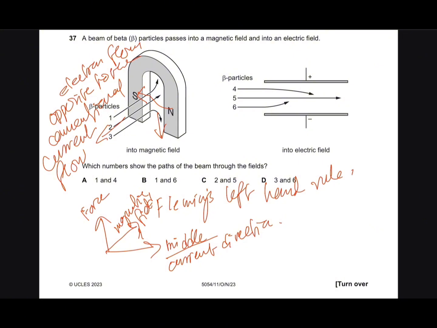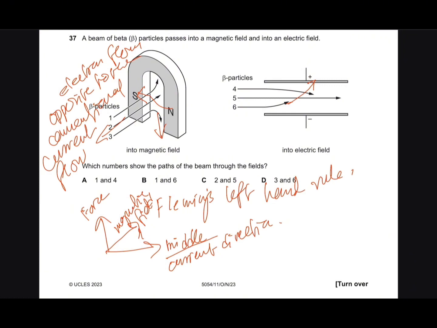Okay, into the electric field. So what happens in the electric field? We now know about the magnetic field. Now what happens in the electric field is that beta particles will move towards the positive.